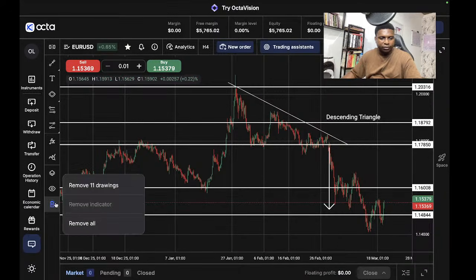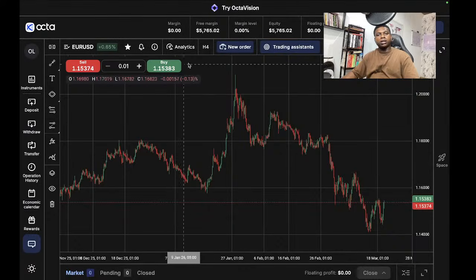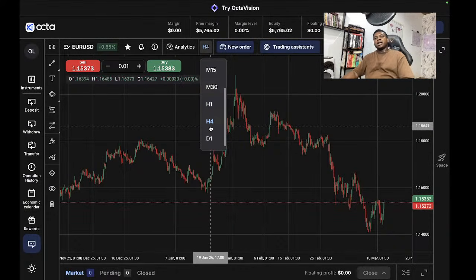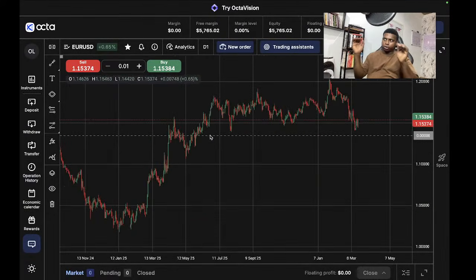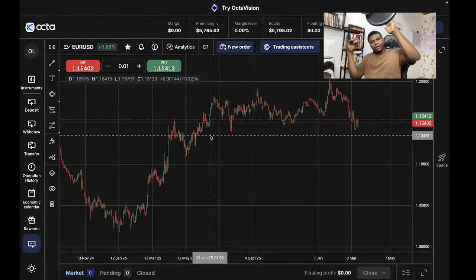Okay, let's just take this off so we start from the scratch. So don't forget, we are carrying out a top to bottom approach. And when we are viewing something from top to bottom, it only means that we are looking at it from a higher time frame down to the lower time frame.